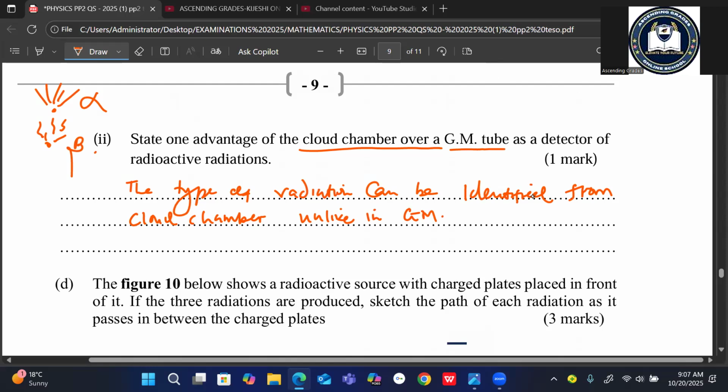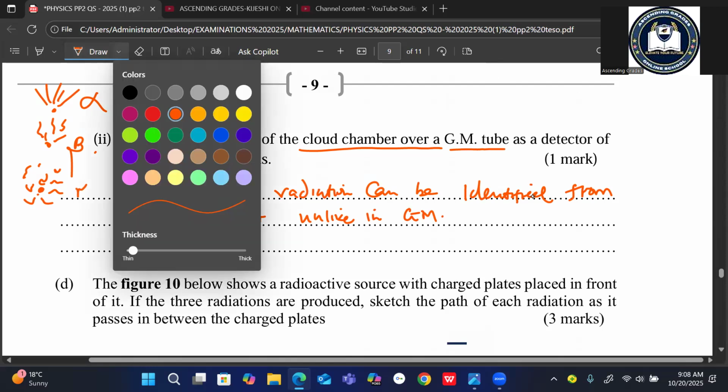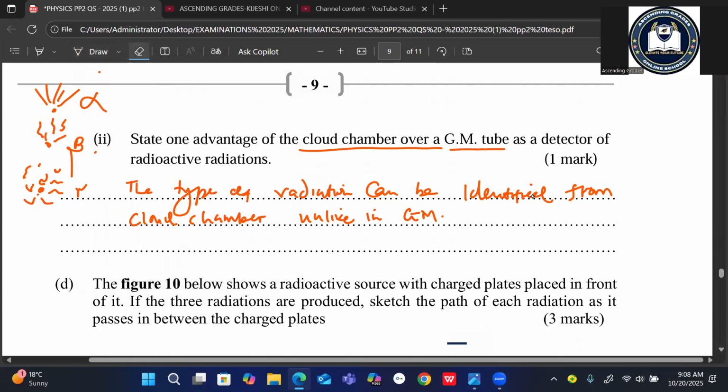But if we have tracks which are moving all over the place, like this, supposing this is the source, then this becomes the gamma. So that is why we credit the cloud chamber as being more advantageous than the GM.